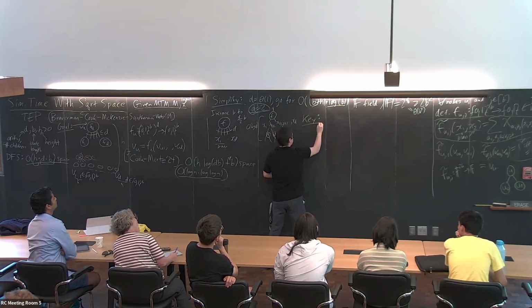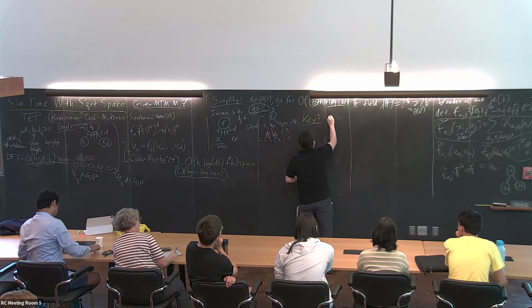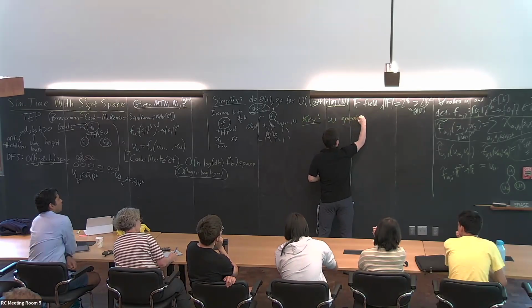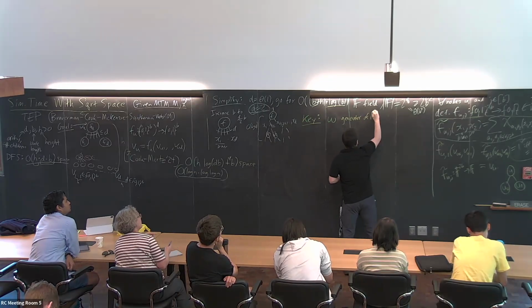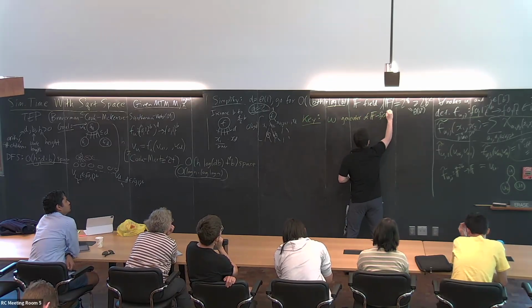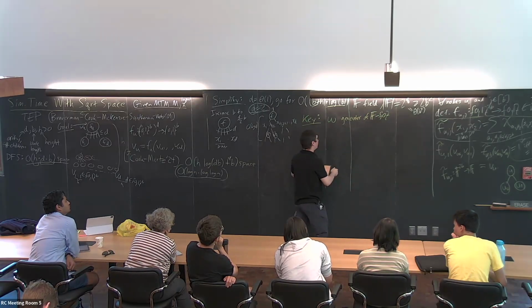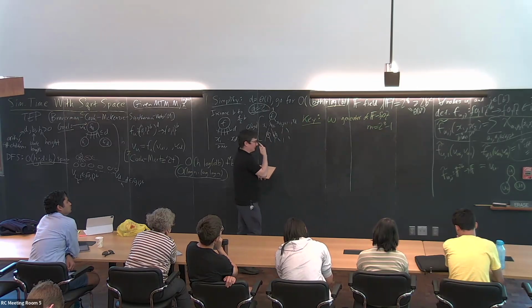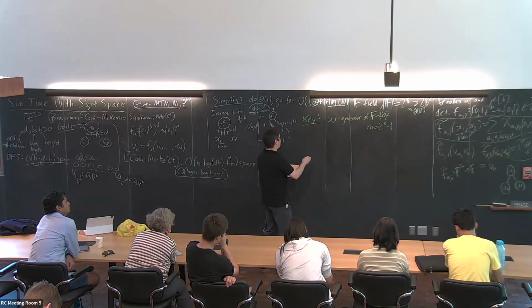So the key fact is, suppose I have omega, which is a generator of a multiplicative subgroup, so a generator of F without 0. You can also think of it as a primitive mth root of unity.